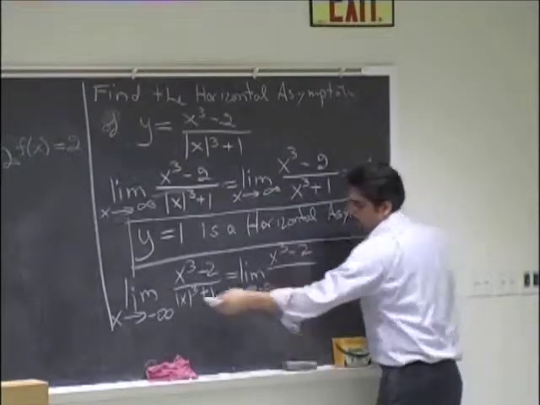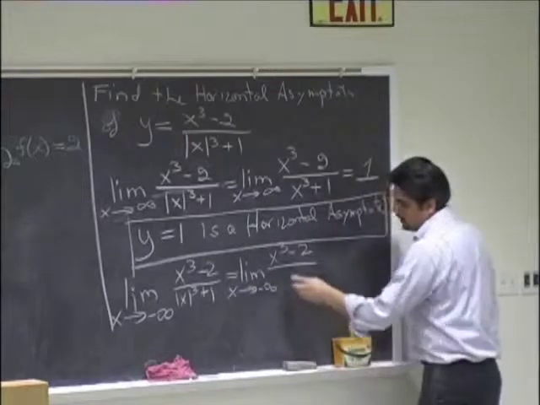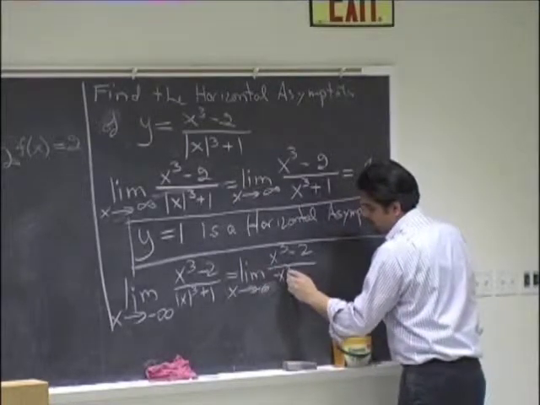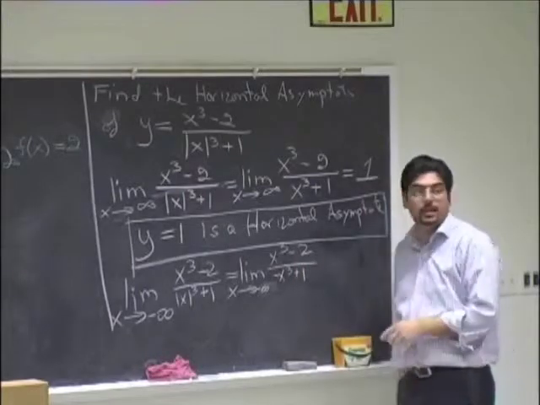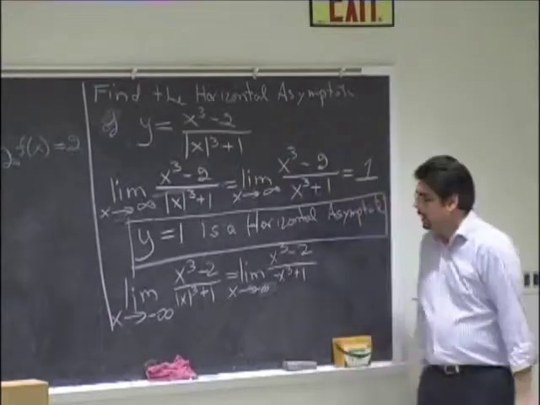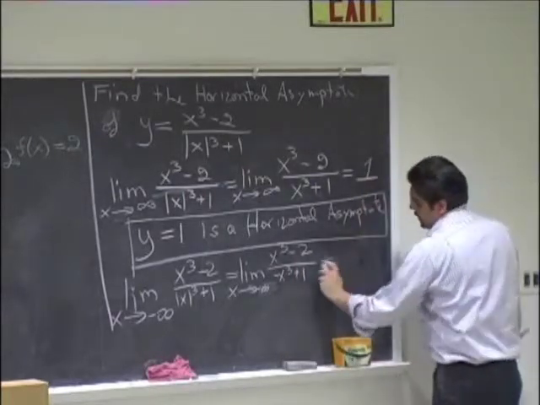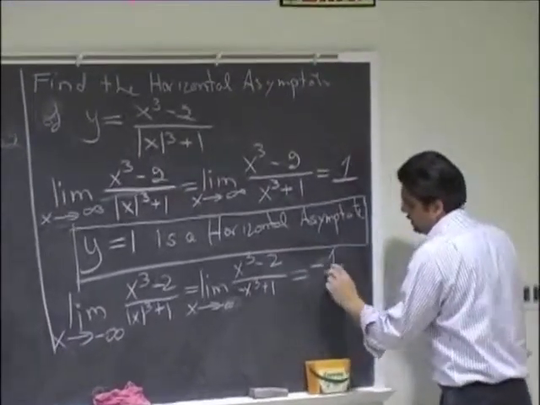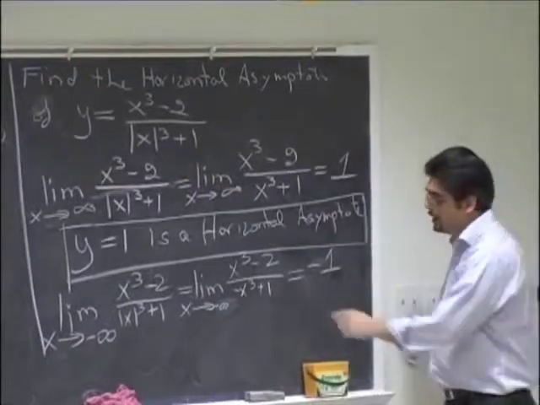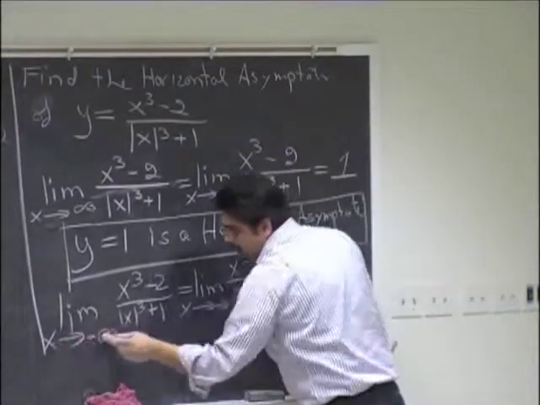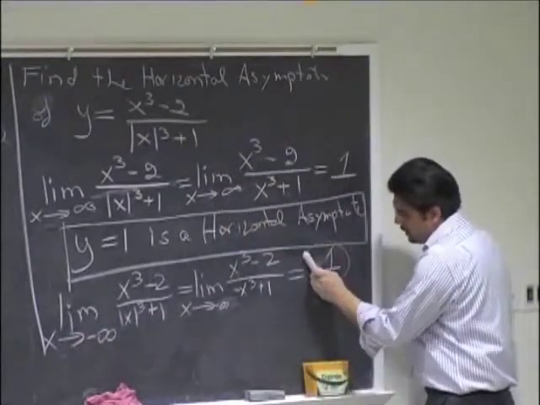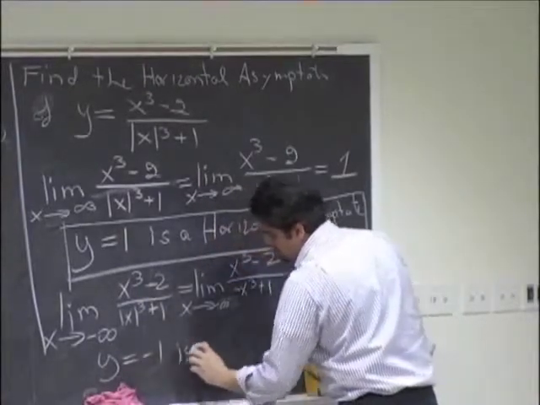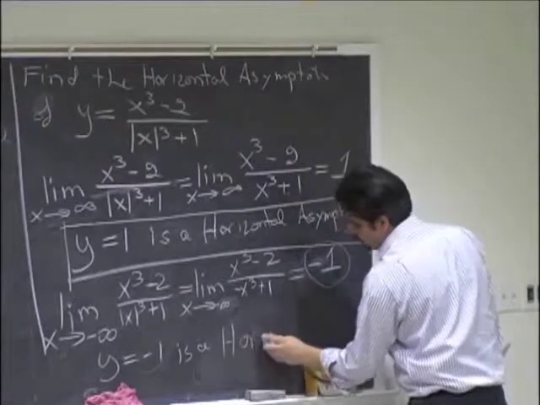Now if I remove the absolute value here, I have to put negative x cubed because x is negative, right? And again, if you perform the algebra we did earlier, you see that the limit is negative 1. And since this limit is a number, y equals negative 1 is a horizontal asymptote.